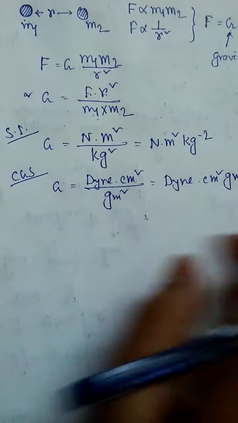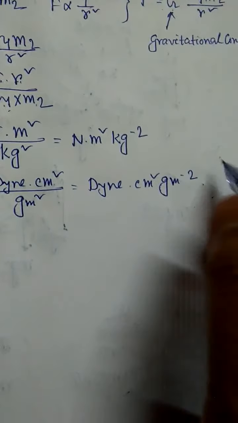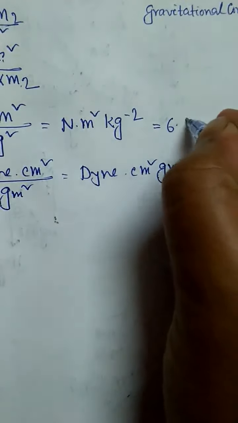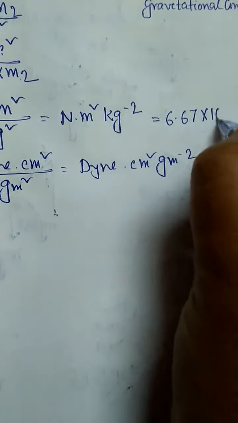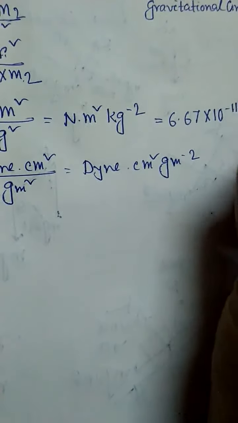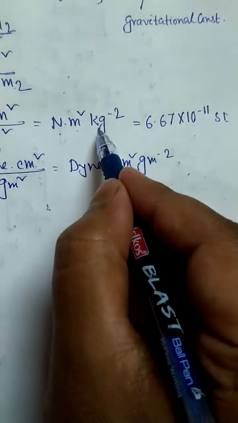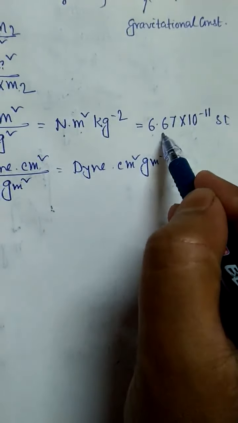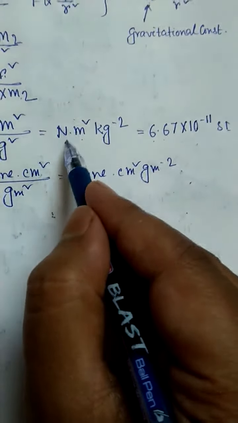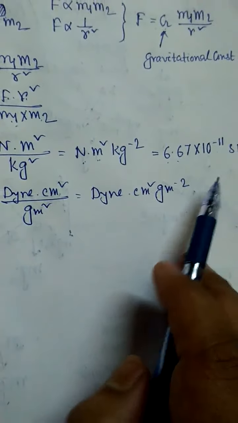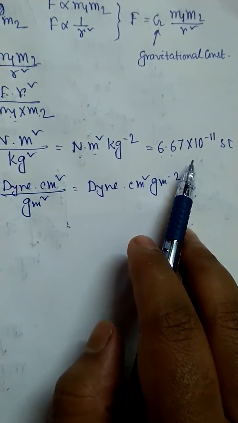You must keep this in mind. The value of G is 6.67 into 10 to the power minus 11 in SI unit, that is Newton meter square kg to the power minus 2. You need to remember this.